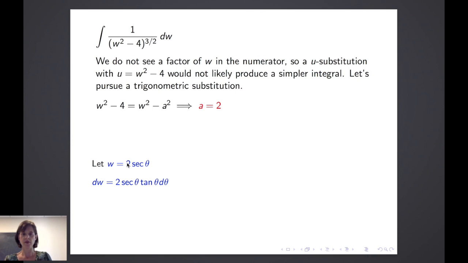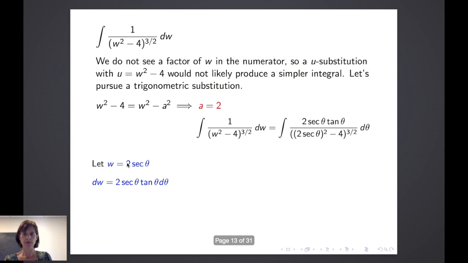We take the derivative of both sides and solve for dw and find that dw is equal to 2 secant of theta tangent of theta d theta. And now we return to our original integral and make a substitution for each w and for our differential dw. So dw is replaced with 2 secant theta tangent of theta d theta. w is replaced with 2 secant of theta.